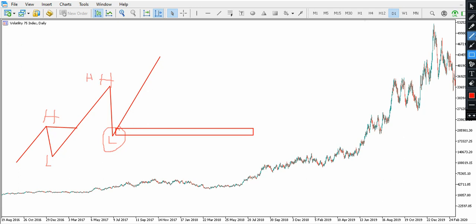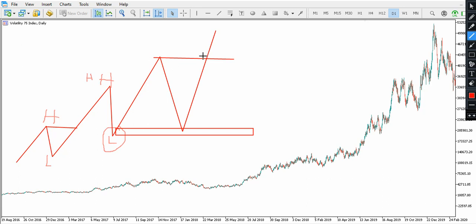So what then to expect? We then expect price to come down and mitigate this order block and then shoot back up. We expect price to come here to respect or mitigate or trade into this order block and go up, and then this will be your take profit one here.